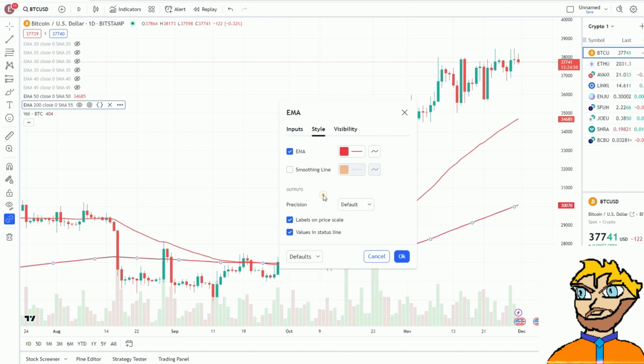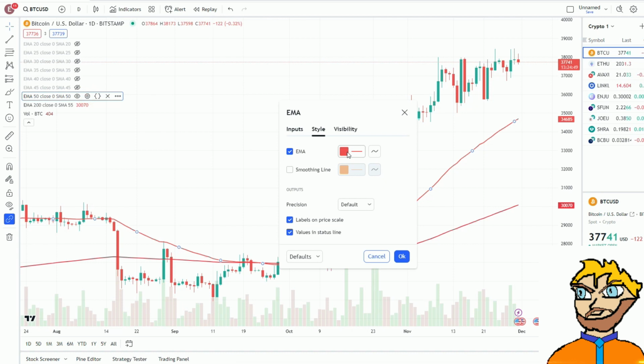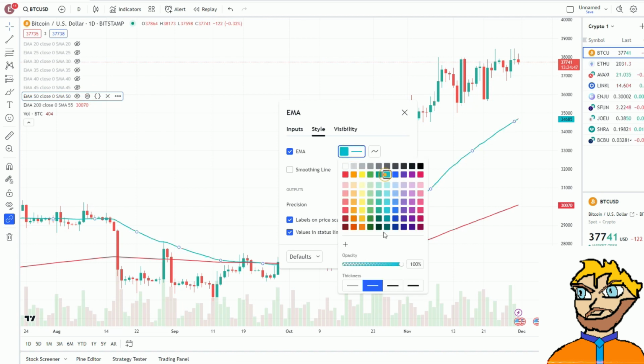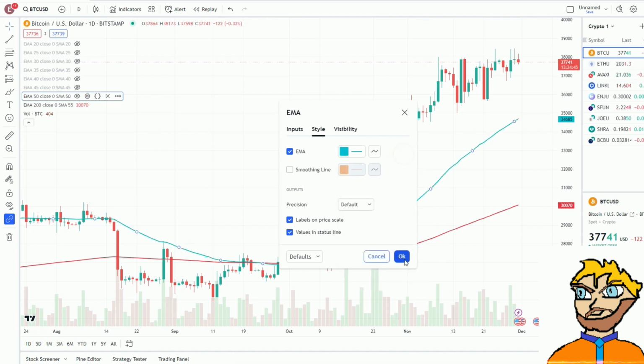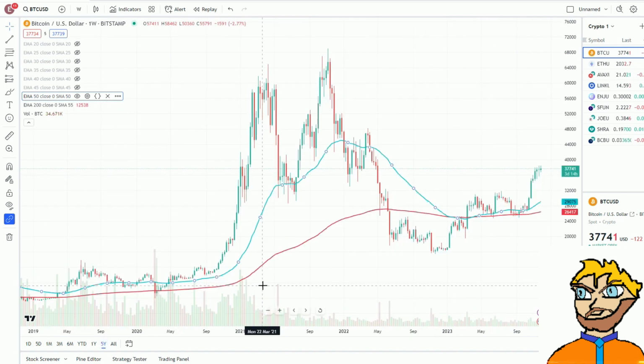indicator, if I can explain it in that way. So click OK, and then we go into the settings of the 50-day moving average, and we make that line blue and click OK. So now you can see we've got two lines here. If we look at the 5-year chart, we can see two lines, one 50-day moving average in blue and one 200-day moving average in red.